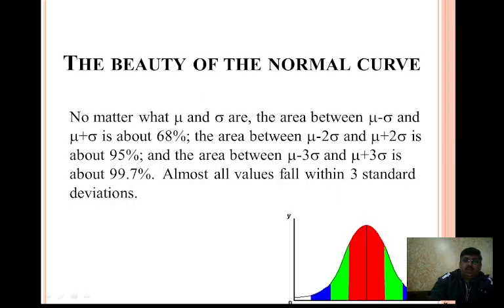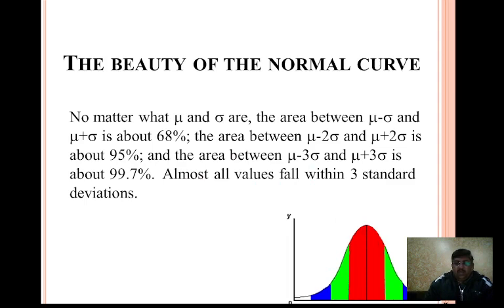Right? Now let me introduce you to the beauty of the normal curve. Here I have represented the beauty of the normal curve with the tricolors blue, green and red. Let me introduce you to the concept behind it. Before going on to the concept, let's try to understand that it is basically a symmetrical curve.